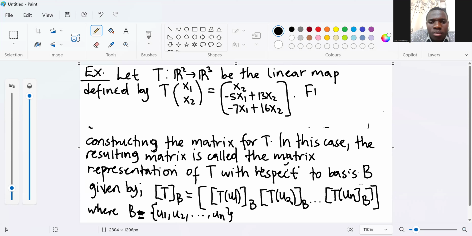What is the key issue here? We want to find the matrix.